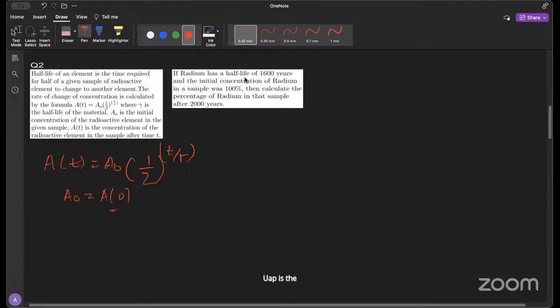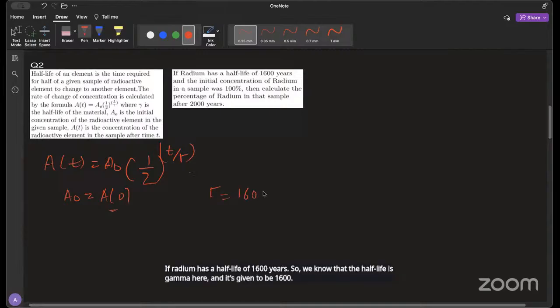And then the other information: radium has a half-life of 1600 years. So we know that the half-life is gamma here and it's given to be 1600. And the initial concentration of radium in a sample was 100%.